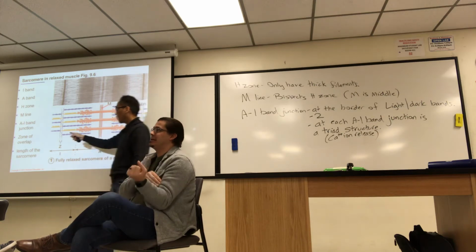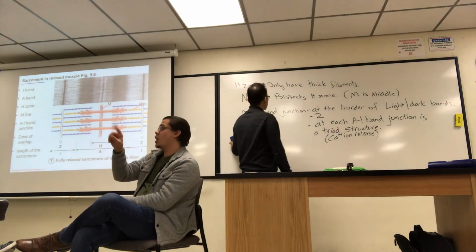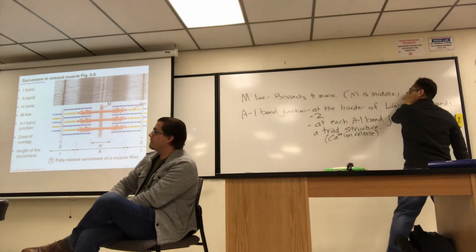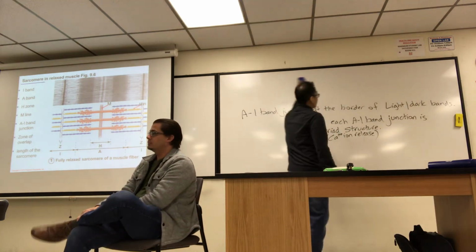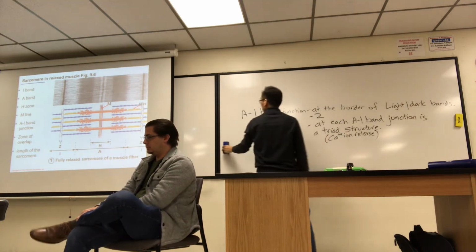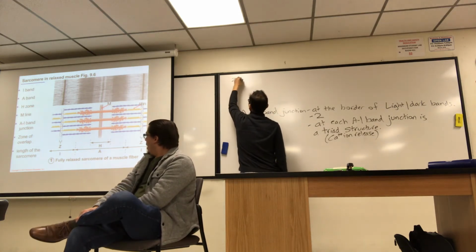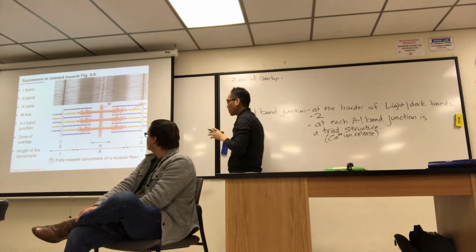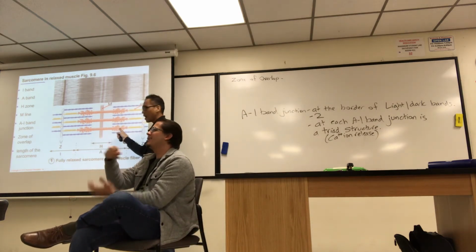Okay, zone of overlap, the next one. The overlap refers to where the actin overlaps the myosin.